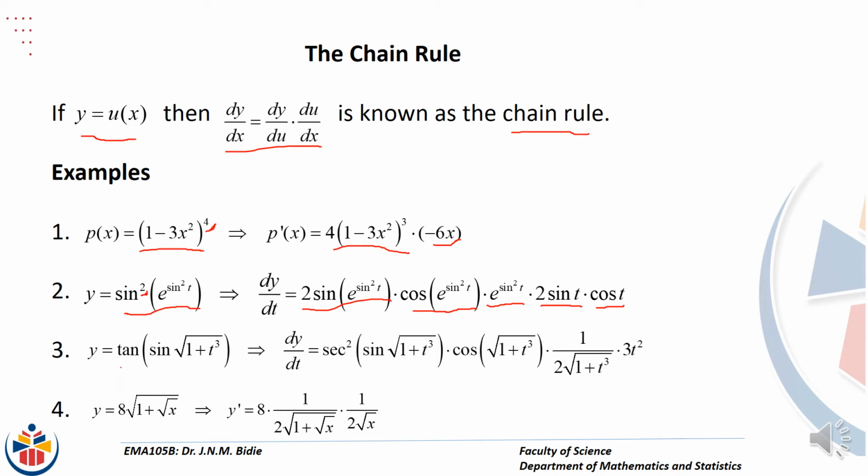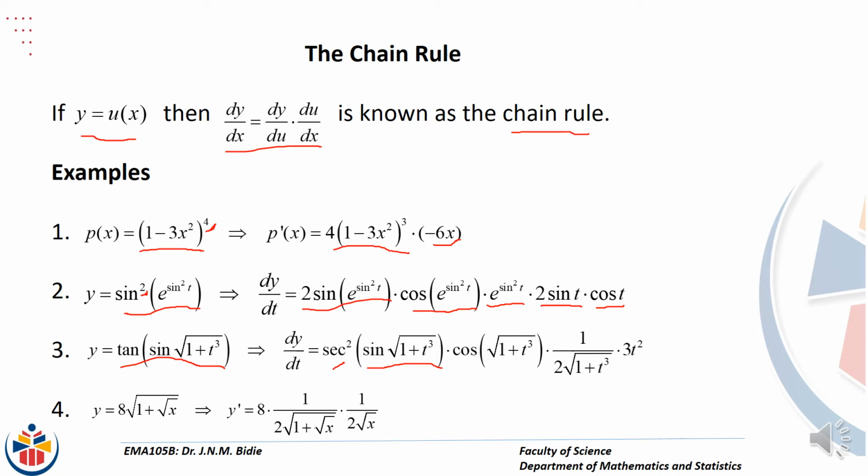Let's go to number 3. Number 3, you've got tan of sine of the square root of 1 plus t cubed. We've got 3 functions there in composition. So the derivative of tan is sec squared. Note that we have to take the whole argument as it is, multiplied by the derivative of the argument of tan, which is sine of the square root of 1 plus t cubed, and we note that we have a composition as well.